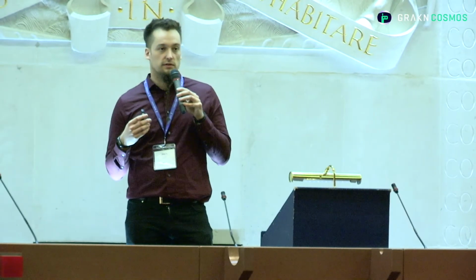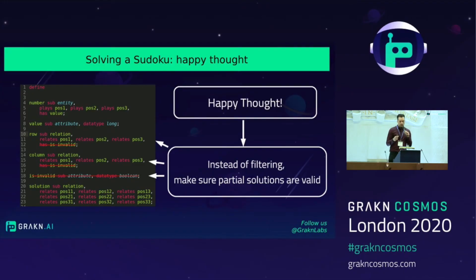What we can also notice is that generating all the solutions and filtering them is not a very efficient procedure. So instead of filtering, we say we have our rows and columns, and for each of them, we're going to make sure that they are already valid.